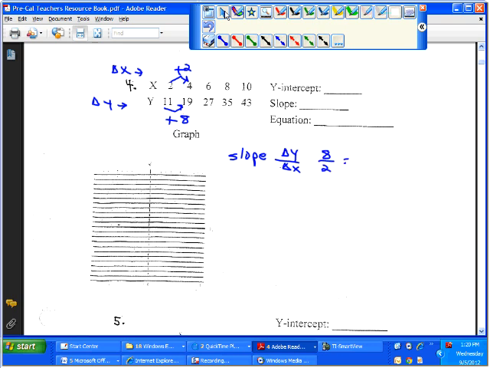So we would have 8 over 2, which is 4. The next change in y is a gain of 8, and the change in x is a gain of 2. So we have 8 over 2, which is 4. There's a constant rate of change, so we know that it's linear, and that is our slope. Any questions on that?